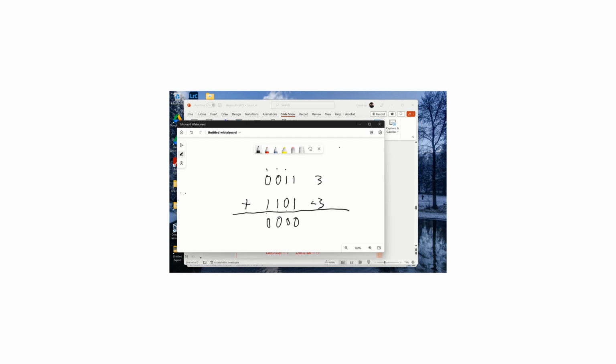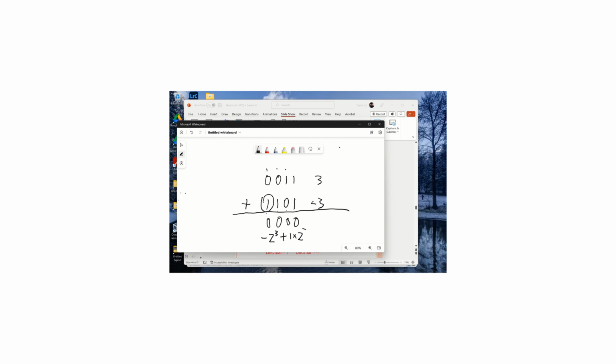So you can say, well, this bit represents negative 2 to the power of 3. Okay? And then you add 1 times 2 to the power of 0.